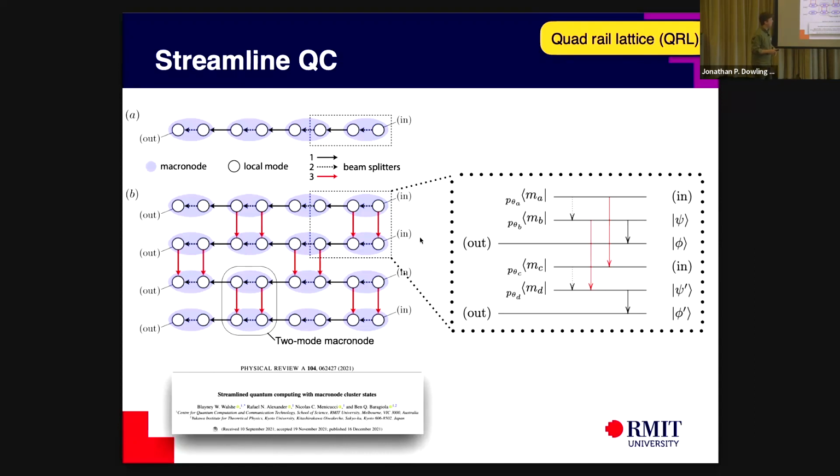Now, the reason why we want to do this is because now we can take the same results from the macro node wire and just plug them directly into this one. And so essentially we can write down a circuit for a single two-mode macro node measurement. So that's 4 local modes being measured at the same time or close to the same time.